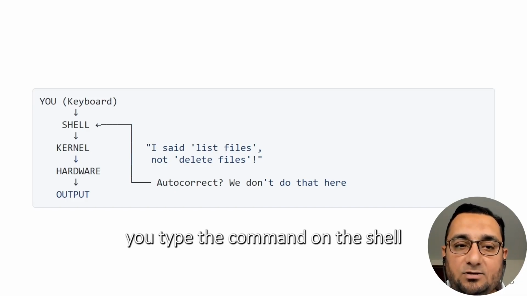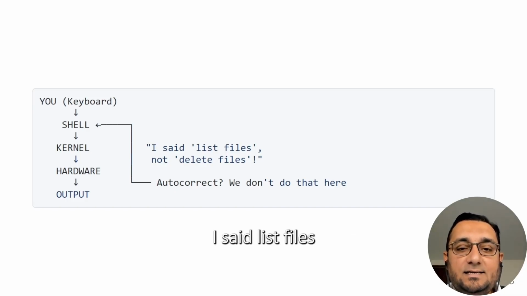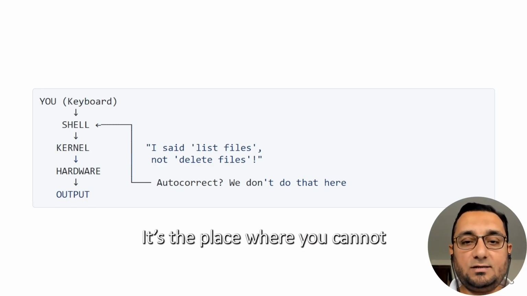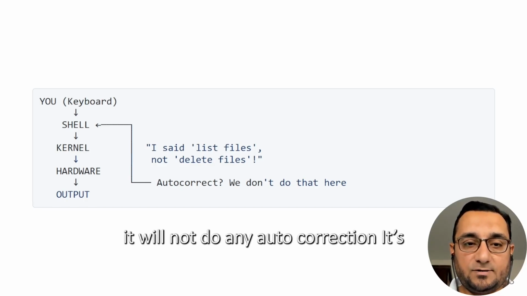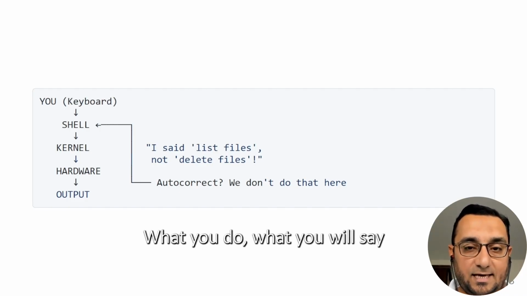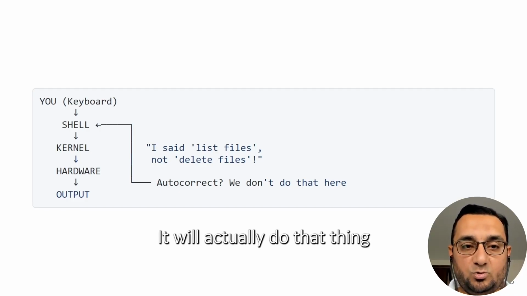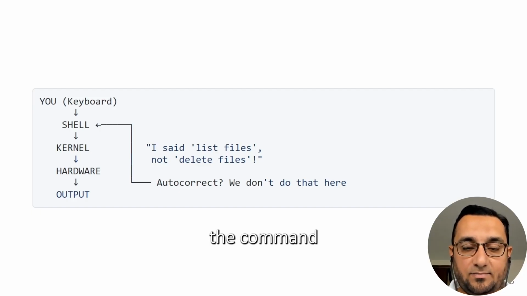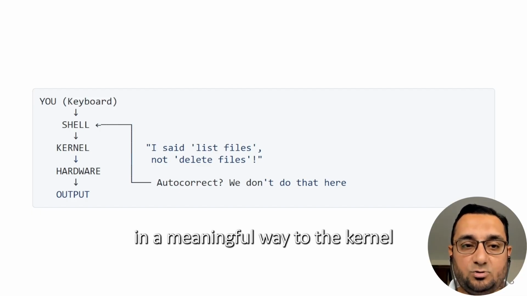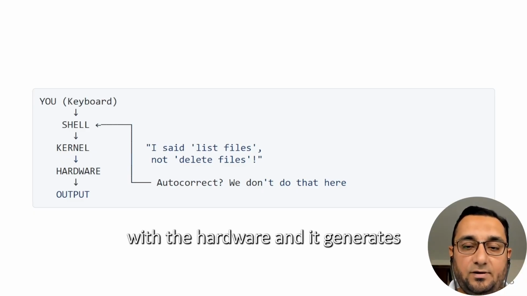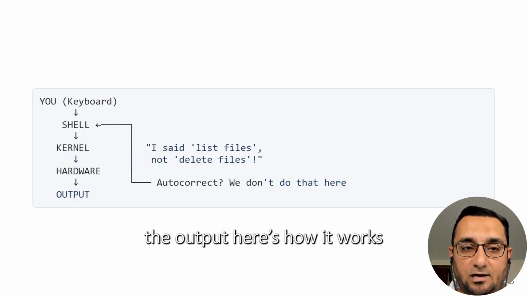You type the command in the shell. If I say list files, it will not do any auto correction. It's not going to delete files. What you say, it will do that thing only. It passes the commands in a meaningful way to the kernel. Then the kernel communicates with the hardware and generates the output.